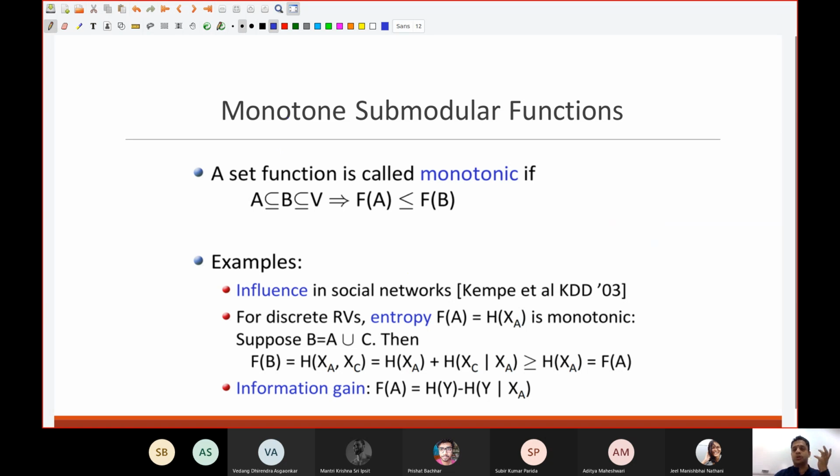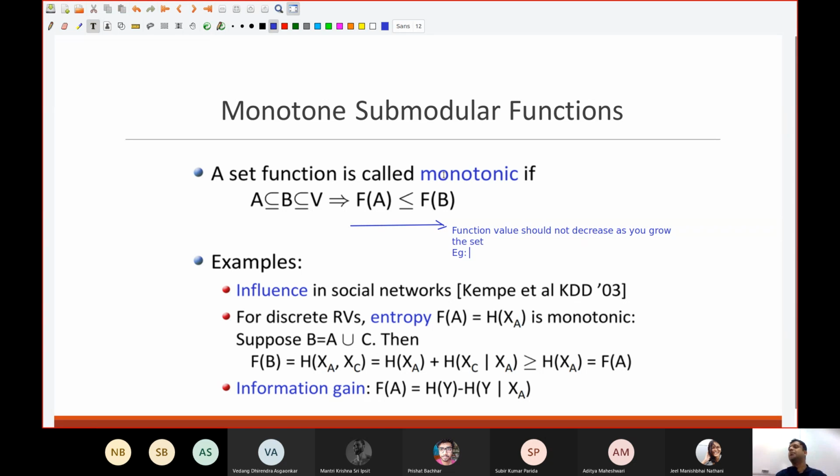And we had a notion of monotone functions. You could also have monotone submodular functions. A set function is called monotone if, as you grow the set, not in size, grow the set itself, obviously the size will also grow, the function value doesn't decrease. So the function value should not decrease as you grow the set.